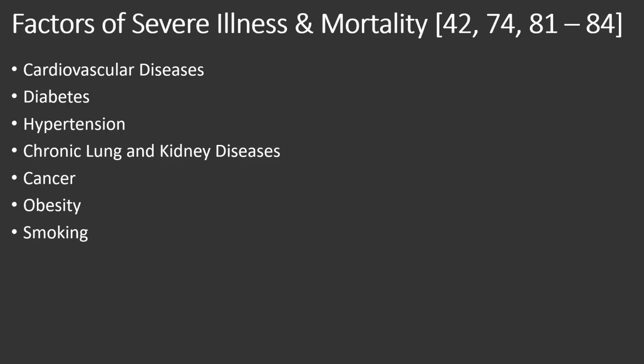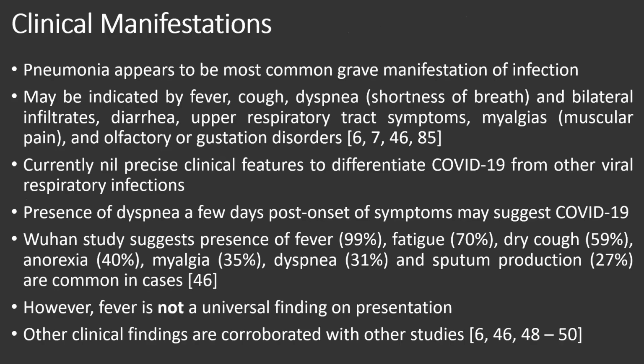All right, so as for the clinical manifestations on initial presentation, pneumonia seems to be the most common grave manifestation of infection, indicated mainly by pyrexia or fever, cough, dyspnea, or shortness of breath, and bilateral infiltrates of the lung, which linger within the parenchyma of the lungs on chest imaging.